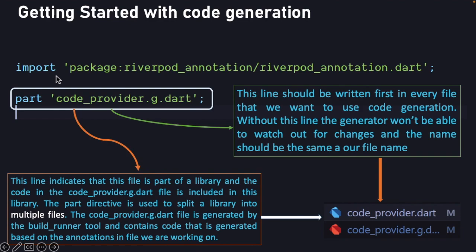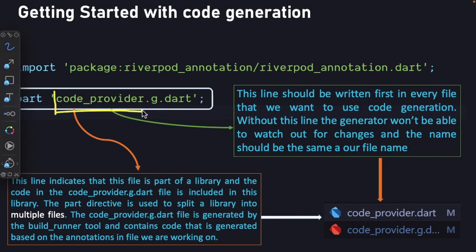Here we have the import of Riverpod annotation, and we need this part: riverpod.g.dart. The name can be anything, but this name has to be the same as our file name, the file that we are working in.